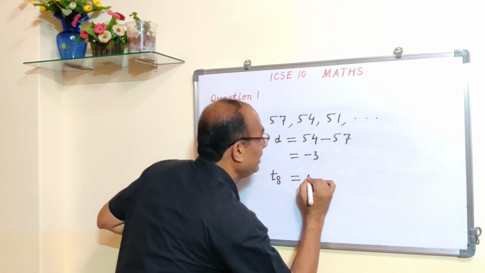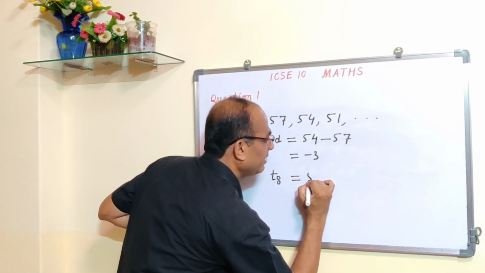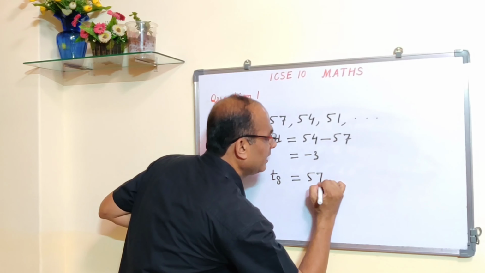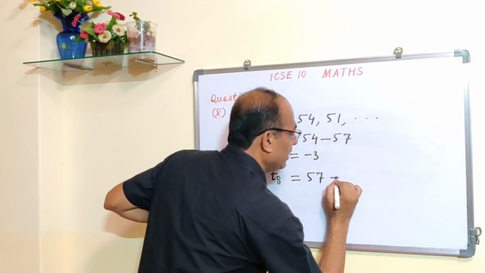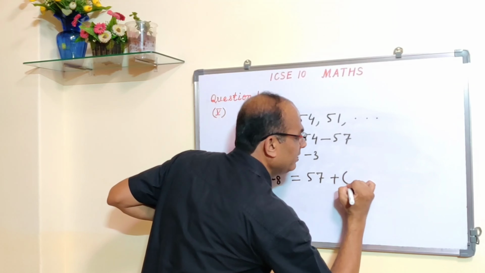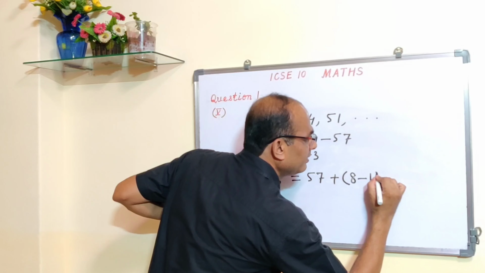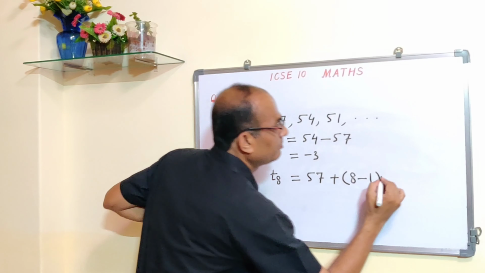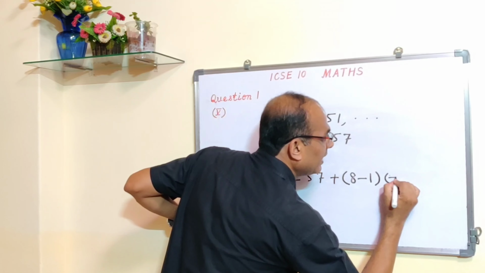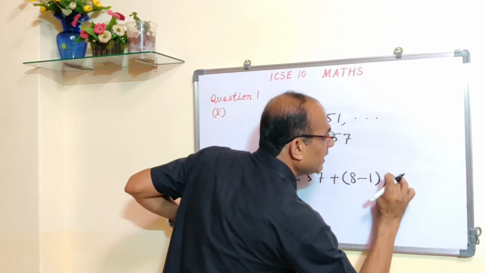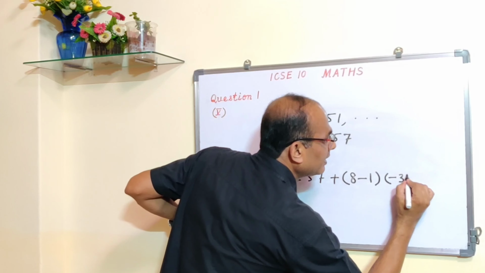T8 is equal to a, which is here 57, plus 8 minus 1 into d. d is minus 3.